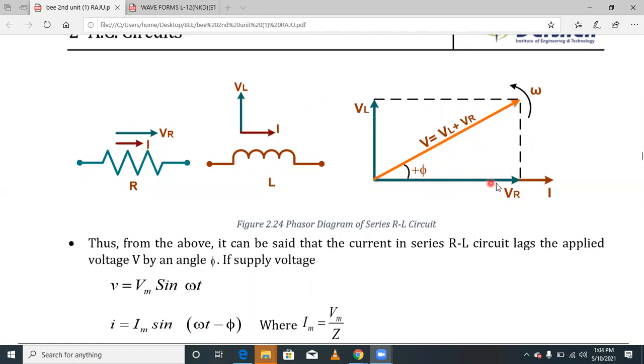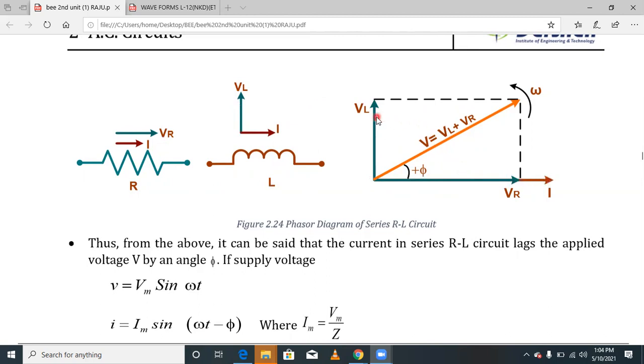In this phasor diagram, across the resistor, voltage and current are in phase, so this is V_R and I. Across the inductor, voltage leads the current by 90 degrees, so this is V_L.